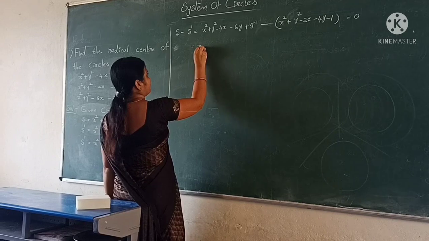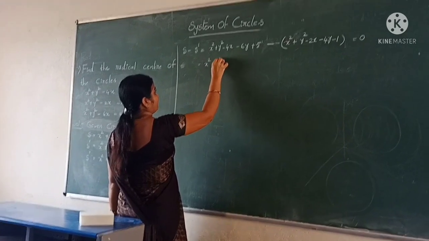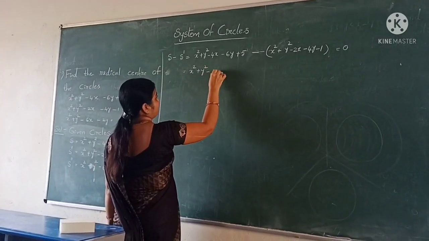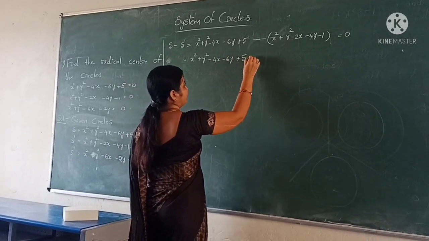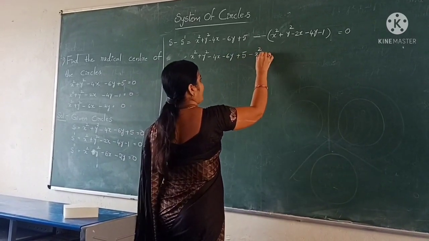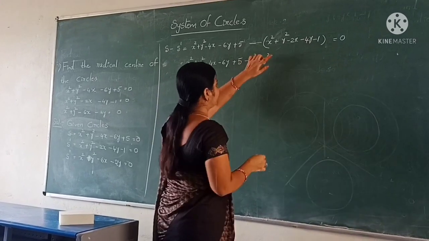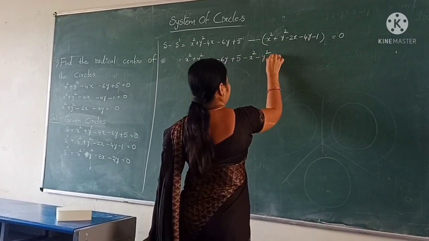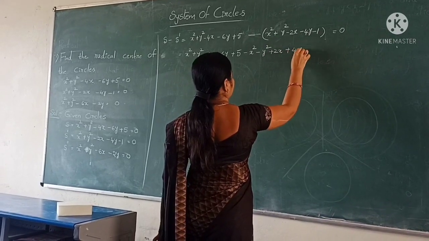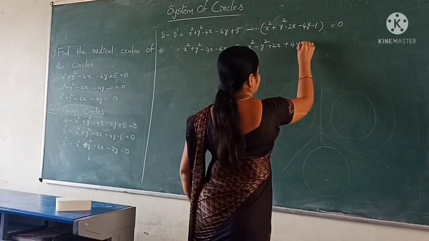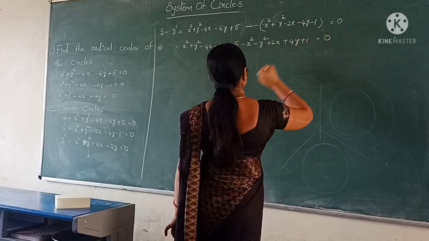So here x square plus y square minus 4x minus 6y plus 5 minus x square minus y square, minus into minus plus 2x, minus into minus plus 4y, minus into minus plus 1 is equal to 0.